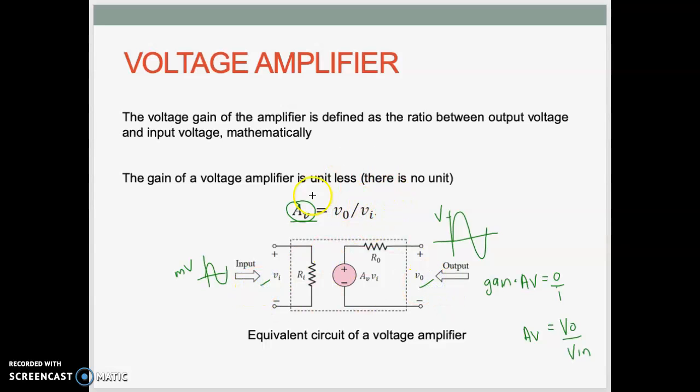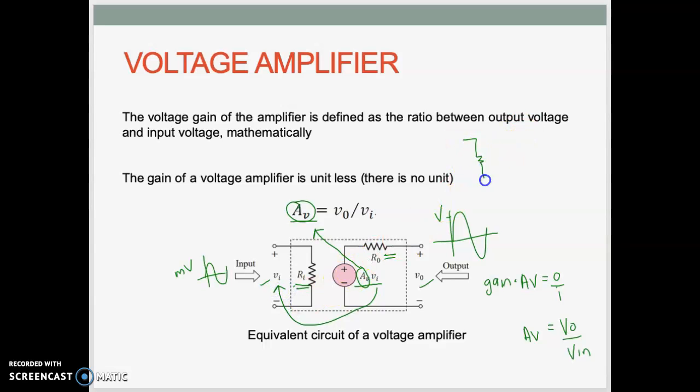Okay. So how about the equivalent circuit? We only have 3 elements here inside the dotted line. The first one is the input resistance connected to the input, the output resistance connected to the output, and we have one dependent source. What does it depend on? It depends on the gain and also the input voltage.